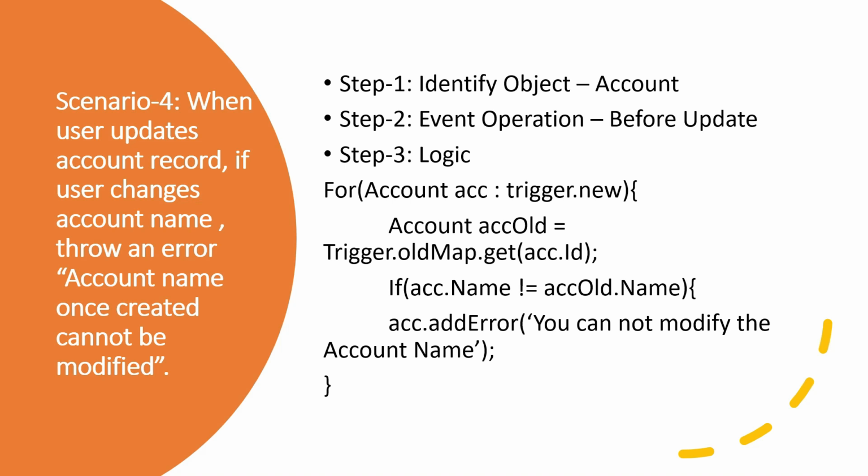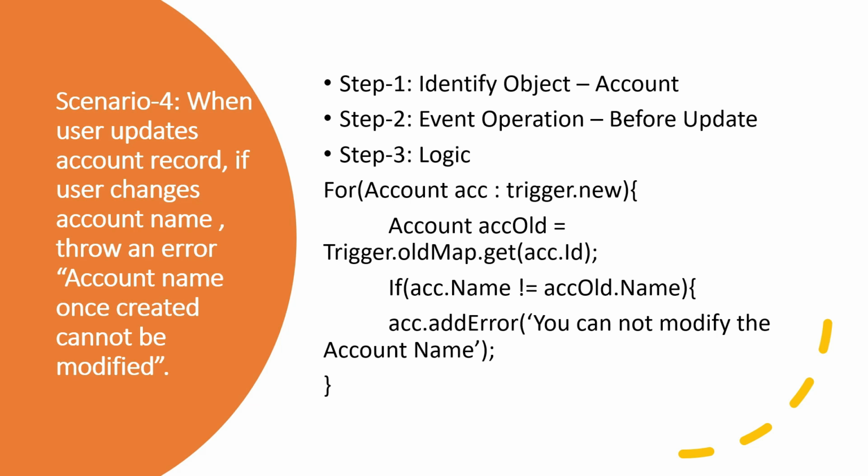and third is logic. So before update, we would like to check whether the account name is being changed by the user or not. So how to do that? For Account acc in Trigger.new, to get the old value, there is a method Trigger.oldMap.get(acc.Id).